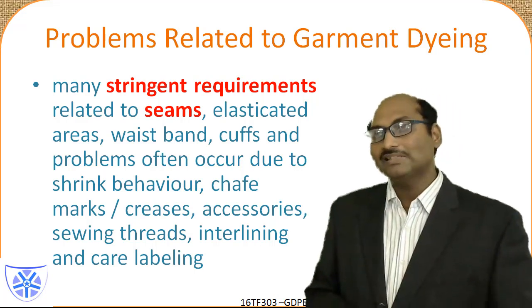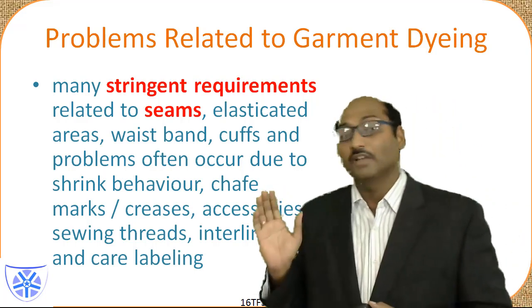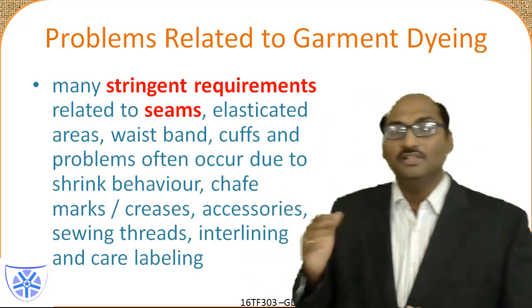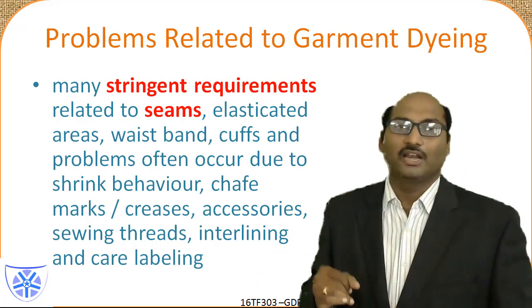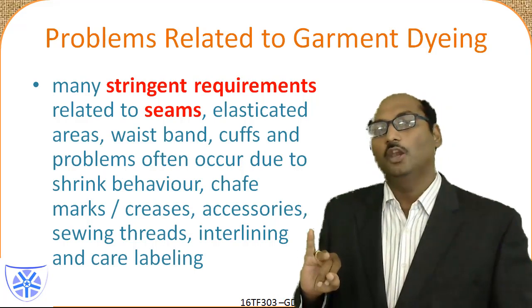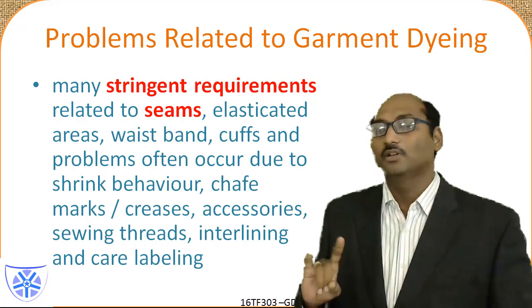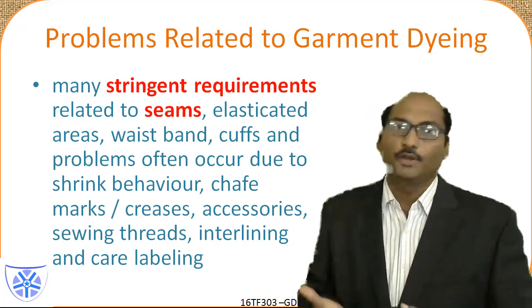As garment dyeing has many requirements, like the selection of seams and other things, the major problems are, one, shrinkage. Another is lot to lot variation in the fabrics. In the grey fabric, it will not be visible to the naked eye.